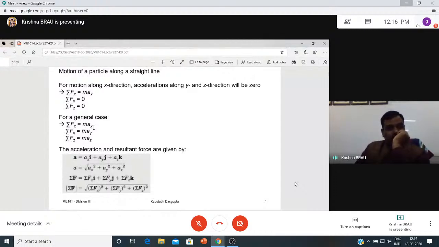But here you can consider translation along x and y or normal and tangential. You have two choices. In a vector notation, the force can be represented because force and acceleration are proportional. So the resultant force is equal to square root of the sum of x squared plus y squared plus z squared, where x is the summation of force in x direction, y the sum of force in y direction, and z the sum of force in z direction.